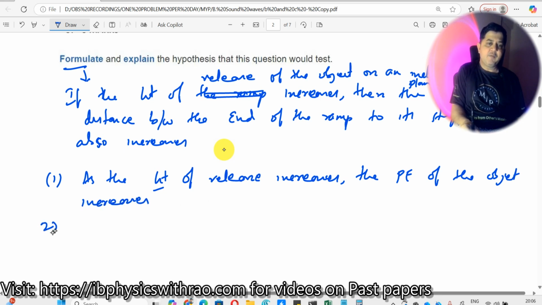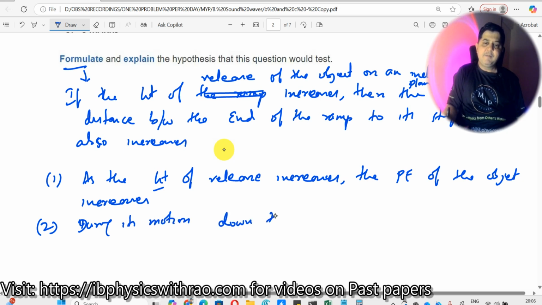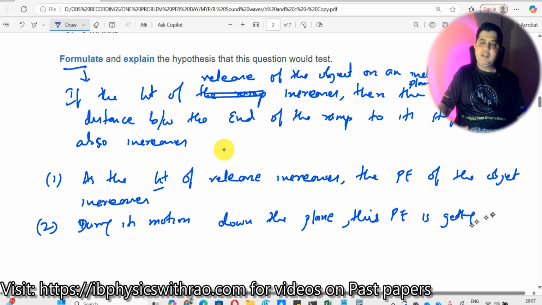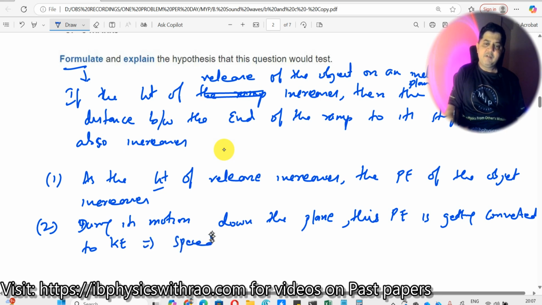The second one: during its motion down the plane, this potential energy is getting converted to kinetic energy, thereby the speed of the object increases.